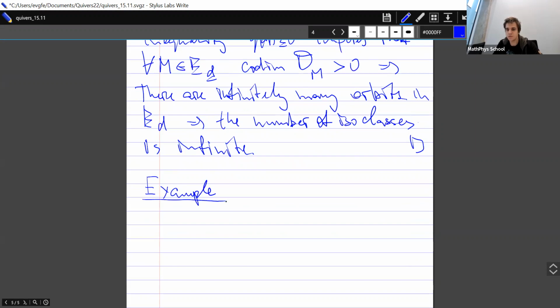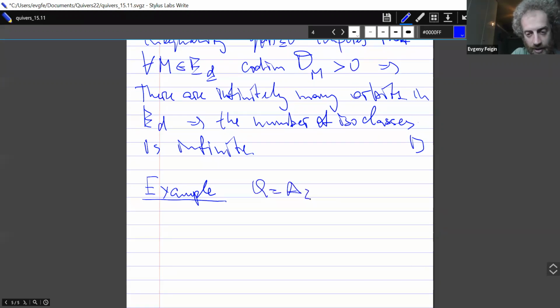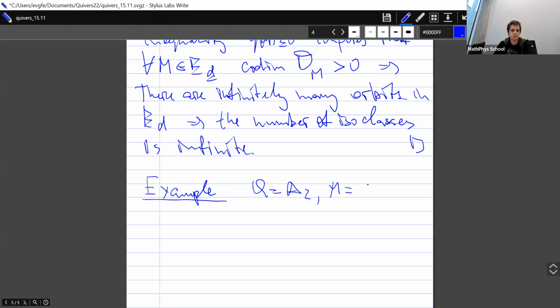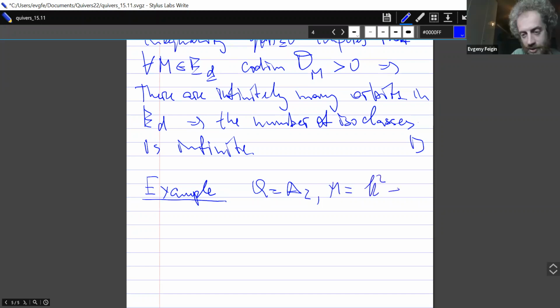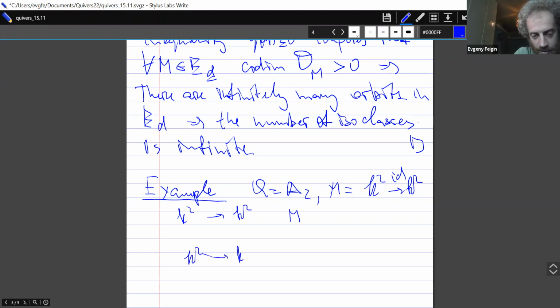No. Let's work out an example. So if we have, say, P2, and say M is just k squared and the identity map here. Yes, so we need k squared as our M, and then we have another M, and then we need the homs from here to there.